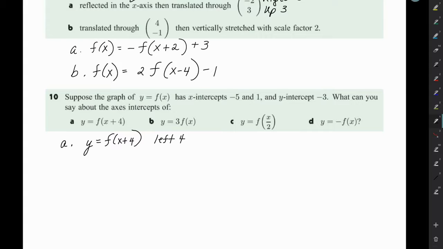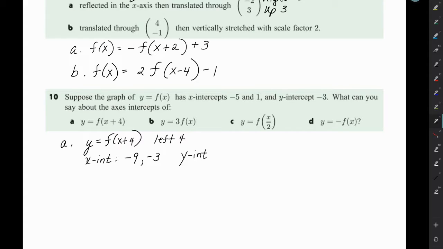So that means we're going to subtract 4 from our x-intercepts. Our new x-intercepts are going to be -5 minus 4 and 1 minus 4.